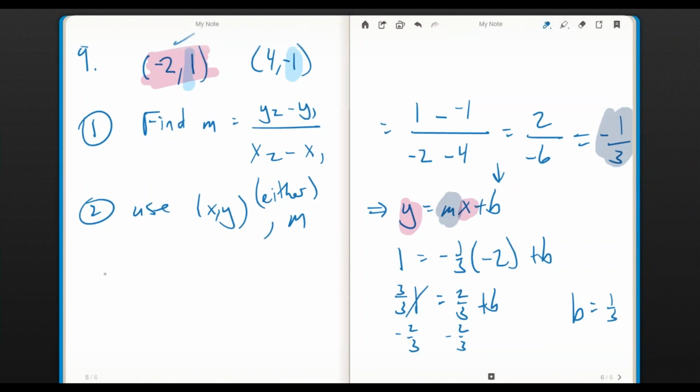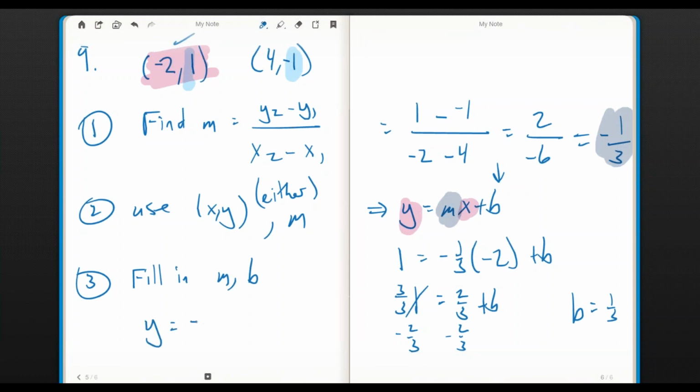So the equation of the line, the third thing I do, is write it by filling in m and b. So y equals m, -1/3 x, plus b, 1/3. Every time I do it, I'm just simply using that format.